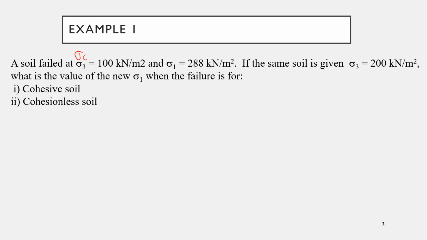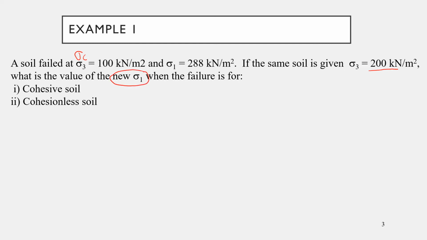If the same soil is given, it means that you prepare identical specimens but subjected to a different minor principal stress or confining pressure of 200 kPa, or kilonewton per meter square. What is the value of the new sigma 1?